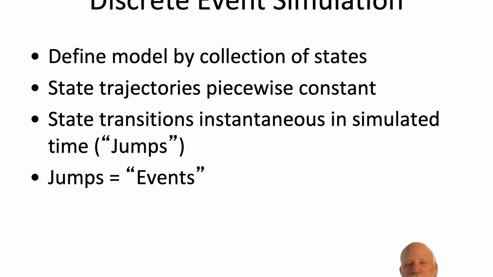As we work through specific examples, what a state is will hopefully come into focus a little bit more clearly. Now, one of the things that characterize discrete event simulation are its state trajectories are piecewise constant. You know, what's a state trajectory?